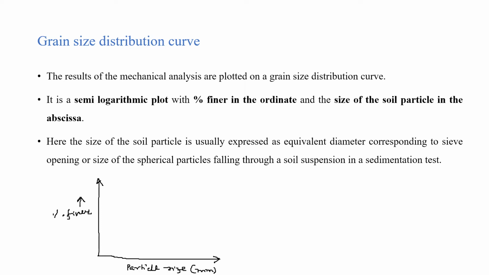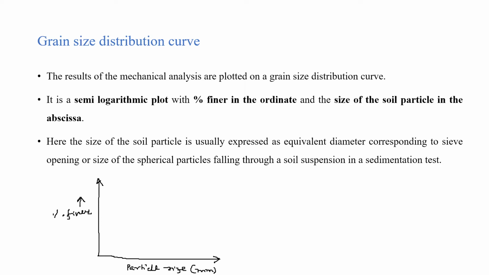Usually this particle size is expressed as an equivalent diameter, which corresponds to the sieve opening size for coarse grained soil, or the size of the spherical particles falling through a soil suspension in a sedimentation test.